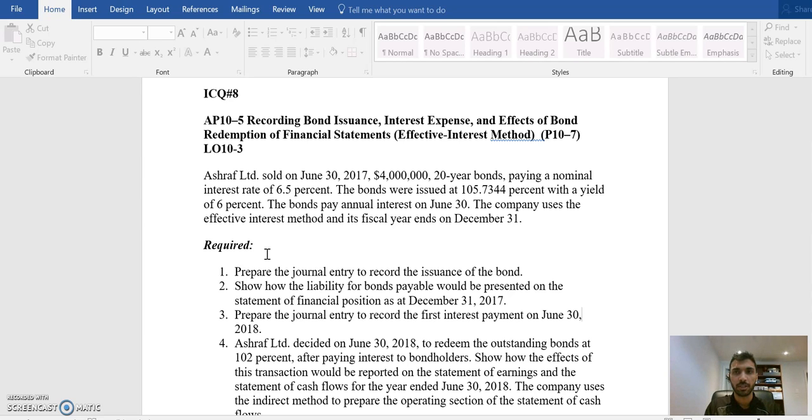I'll try and do this in a couple different videos, so primarily focusing on pricing of the bond and also the entries in question number 1 and 2 to begin with, and then we'll try and do a separate video, and the focus of that video is going to be on what you do when you either redeem the bonds or at the end of the term of the bond, so that you have a couple different videos to refer to depending on what you're working on. So we'll get right into the question.